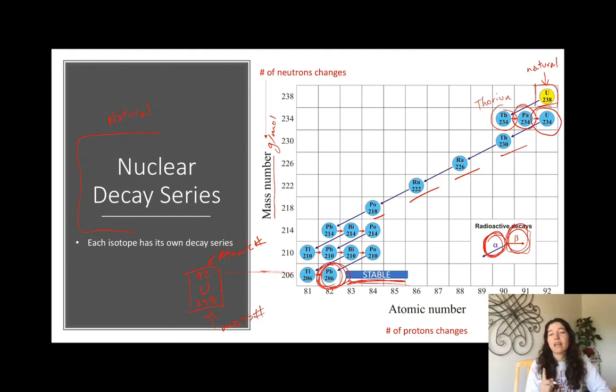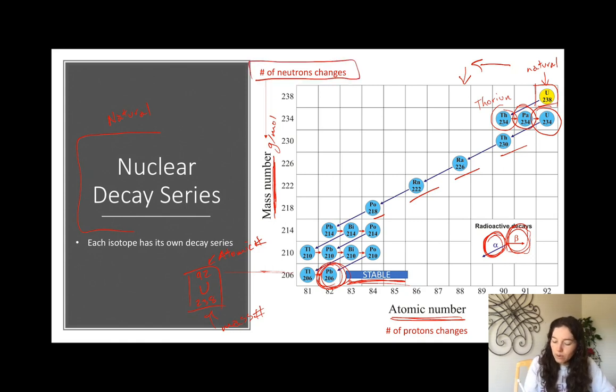So essentially what that is telling us is when we lose an alpha particle, because we're going this way and then this way, we're losing mass, so it's decreasing in mass, and it's also decreasing in atomic number. So we're losing neutrons and we're losing protons when we undergo an alpha decay process.